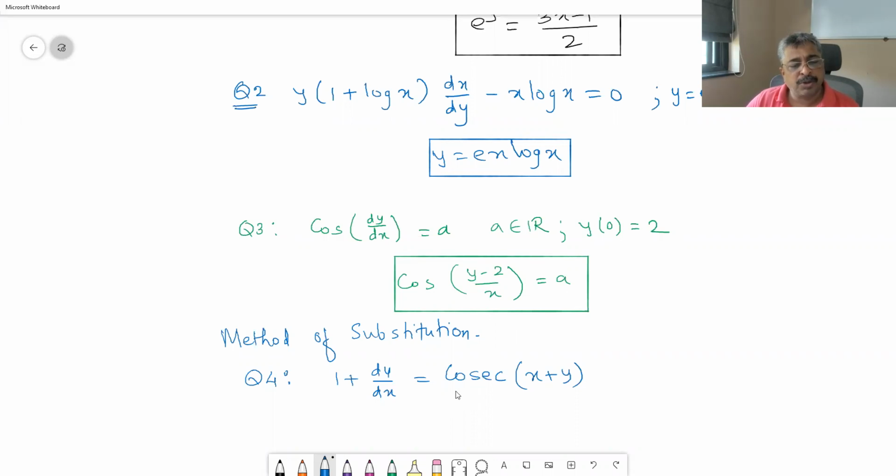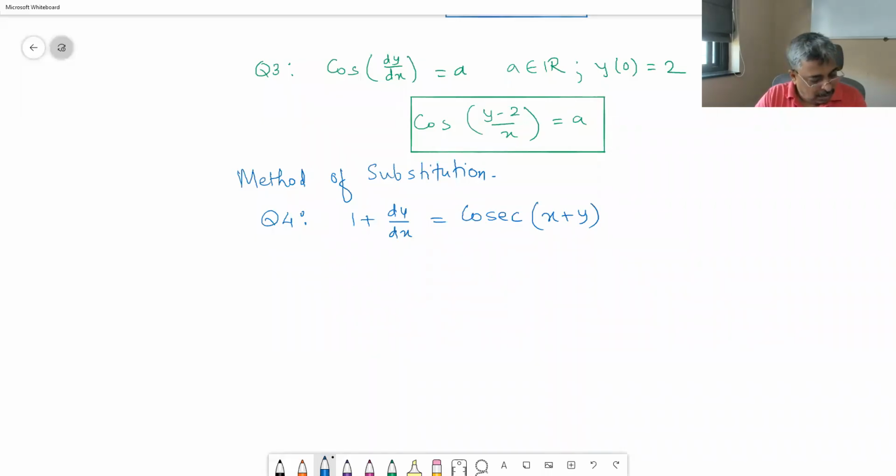Next problem, method of substitution. Problem is 1 plus dy by dx is equal to cosec of x plus y. You need to do some substitution and convert it into variable separable and solve. Put x plus y is equal to t. Therefore, 1 plus dy by dx is equal to dt by dx.